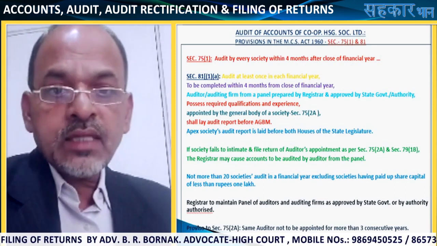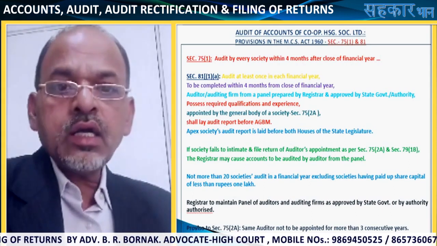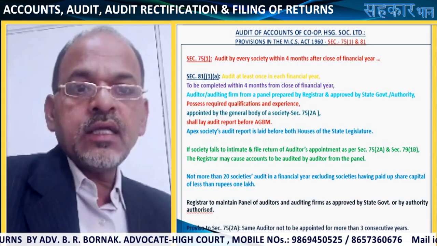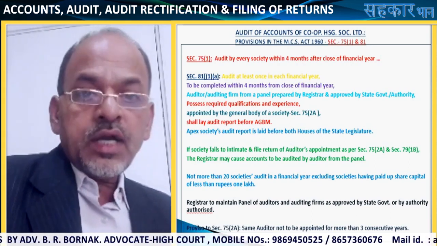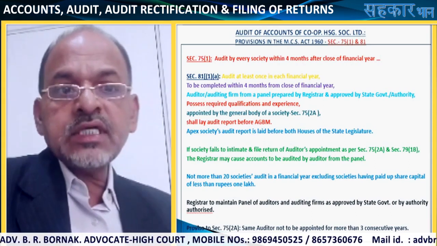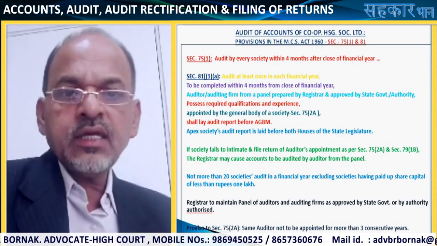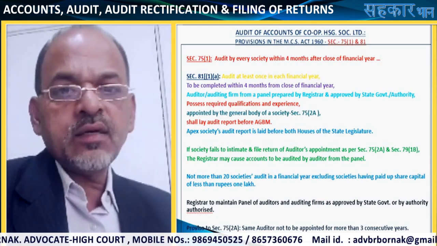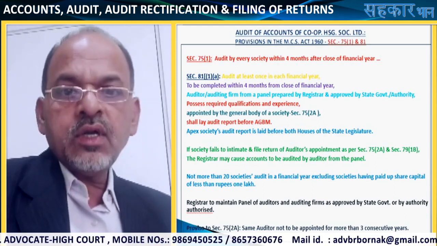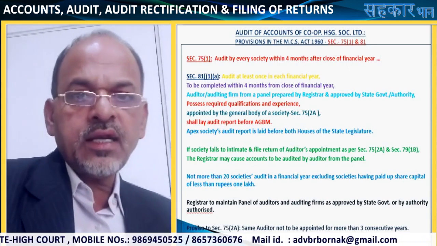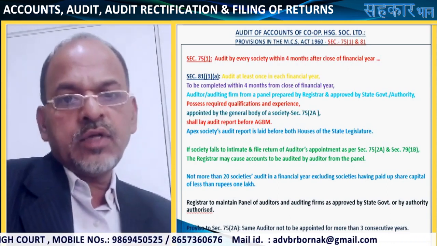Then this auditor must possess the required qualification and experience. Later on we will see what qualifications and experience are prescribed to become a panel auditor, to get the name of the auditor on the panel of auditors. So that auditor must possess required qualifications and experience.